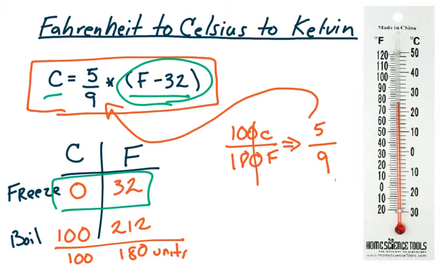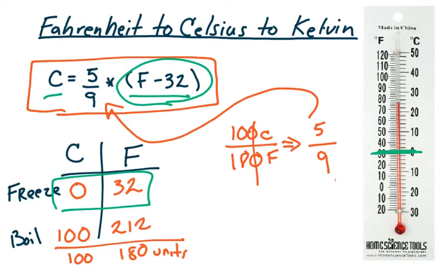So that's a little bit of the reasoning behind the Fahrenheit to Celsius formula. You can even see it in this picture. The 0 degrees Celsius is around 32, or it is 32 on the scale.